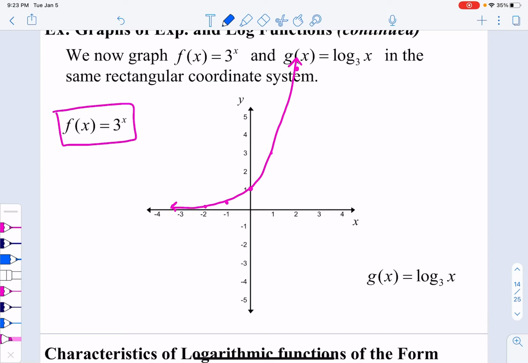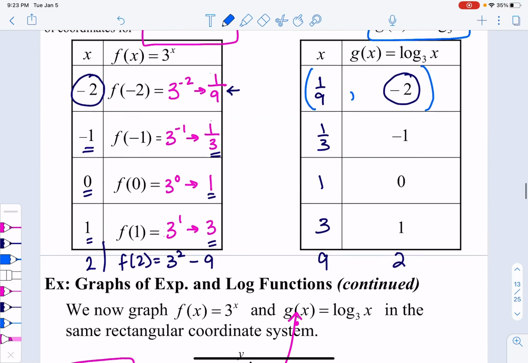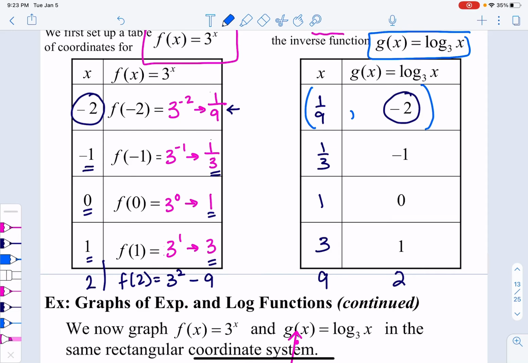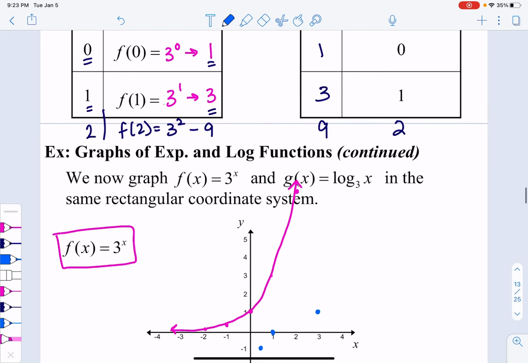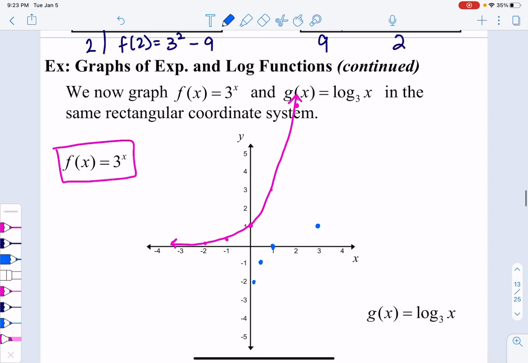So at 1/9, I'm down at -2. At 1/3, I'm at -1. At 1, I'm at 0. At 3, I'm at 1. All I'm doing is getting these numbers right off of this table up here. And then I have that last one, 9, 2, which would be all the way out somewhere up crazily over there, right?